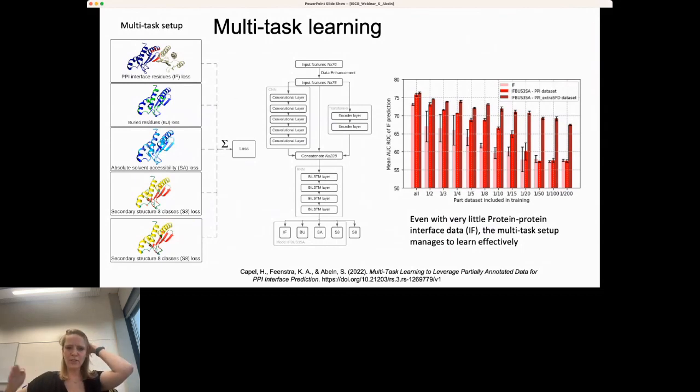So we have a lot of different tasks here, and you can imagine that these are important related tasks. For example, if you want to predict that an amino acid is on the surface of a protein, then that is of course also important information to know whether you're likely to be an interface amino acid or not. So these additional tasks are clearly related to the protein-protein interface prediction task.